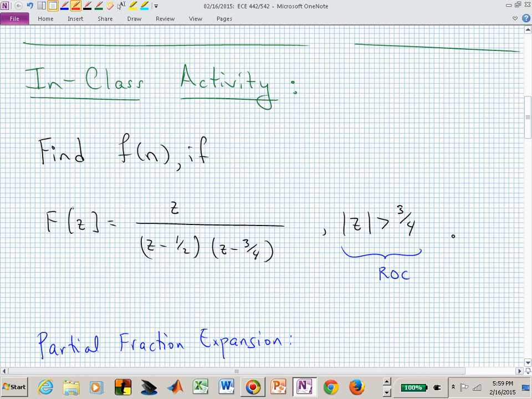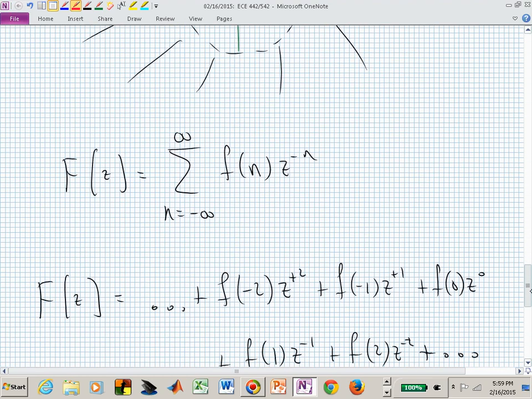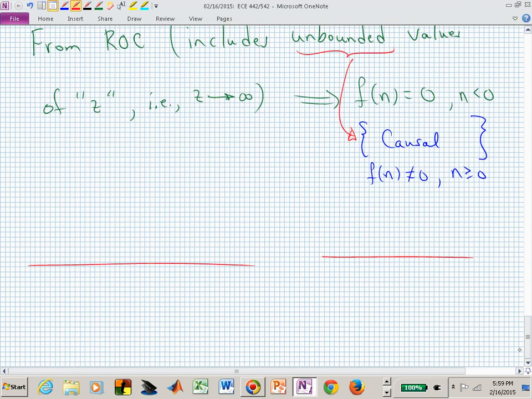This would be like an initial condition response, essentially, in a system, or if this is a signal, now those poles are influencing your structure. You now have 1/4 to the n and 1/2 to the n and 3/4 to the n. You know that that's going to be a part of your answer. And you know exactly what those coefficients are from your partial fraction expansion. Let's look at another example.